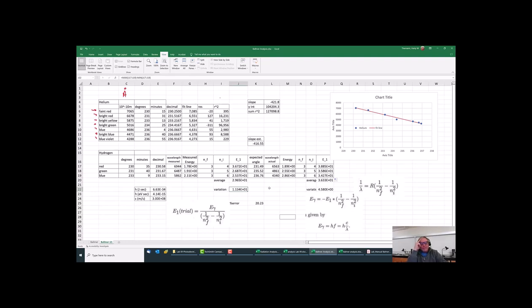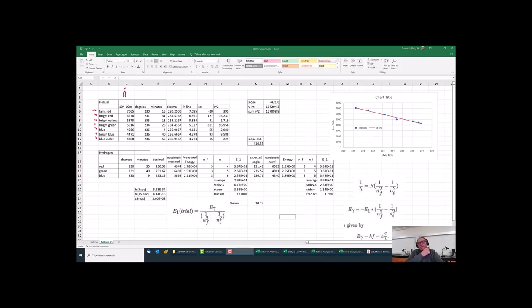It's not exactly the variation. What we can do is, and let's see, so that's a pretty big one. But we should really look at the standard deviation of the sample.